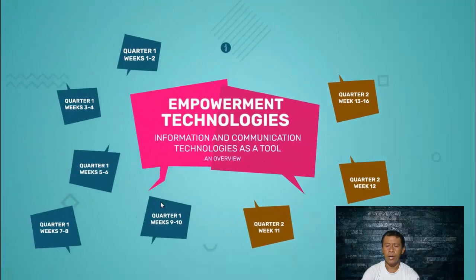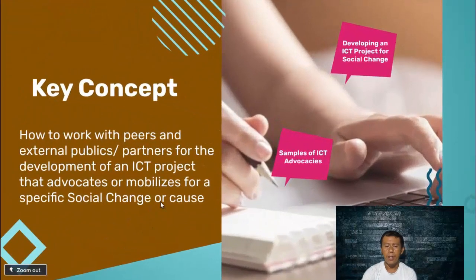The last one is weeks 13 to 16 of this first semester, second quarter phase, and we have the key concept: how to work with peers and external publics or partners for the development of an ICT project that advocates or mobilizes for a specific social change or cause. We have two lessons that we'll study: how to develop an ICT project for social change and samples of ICT advocacies.